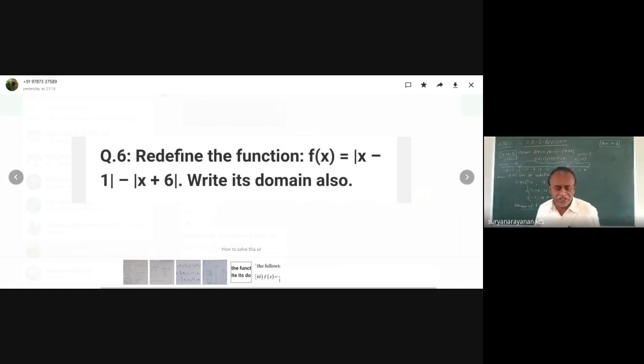Yes, have you taken the screenshot? Understood this? Question number 6, my dear children.